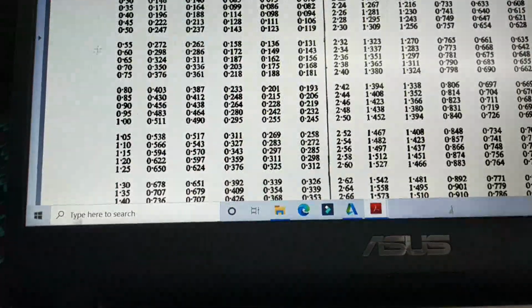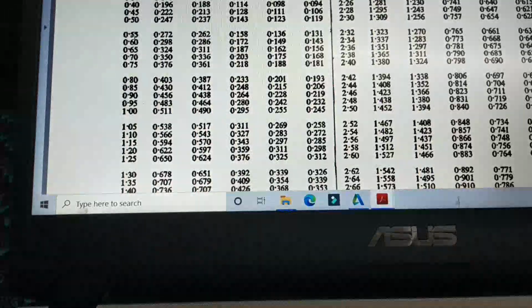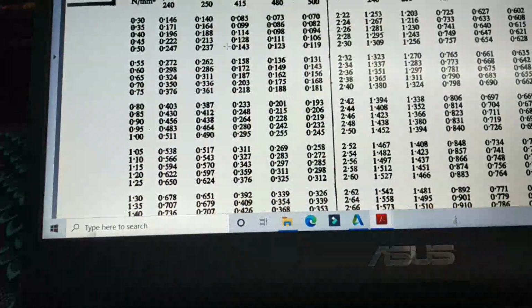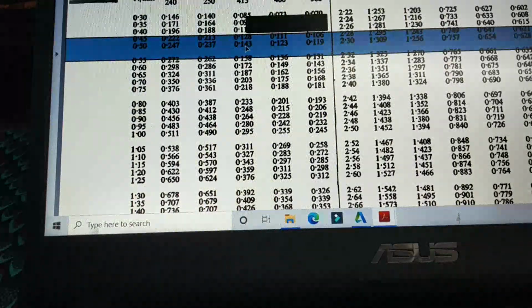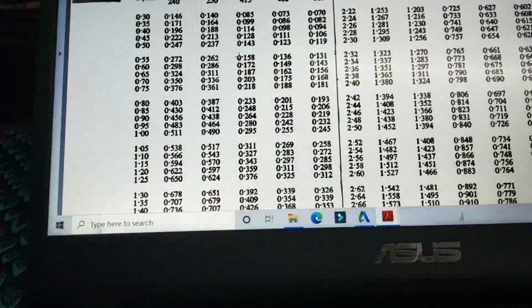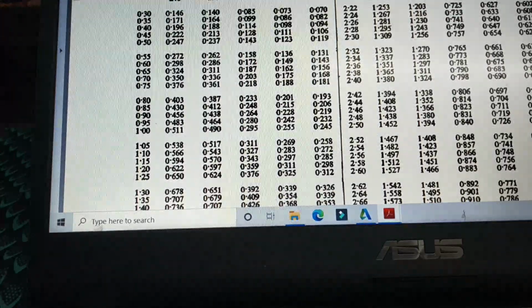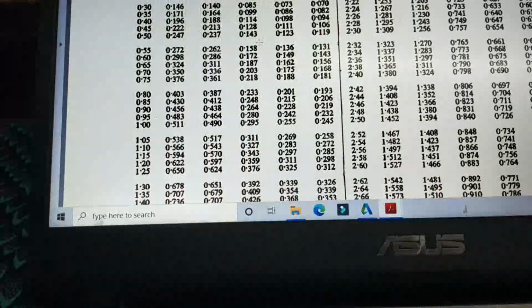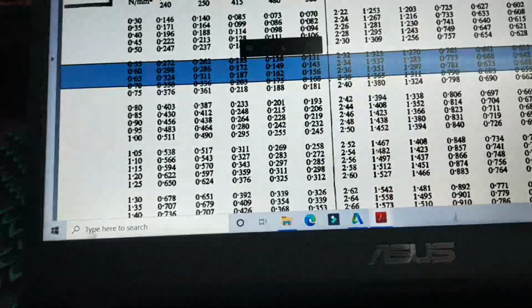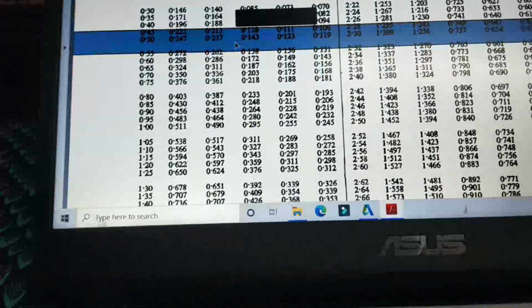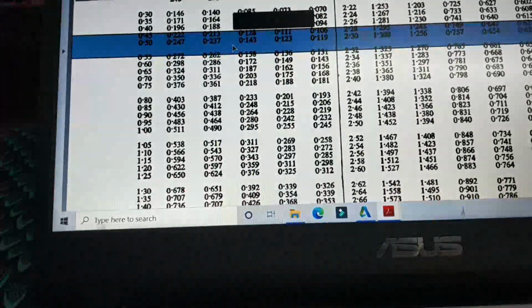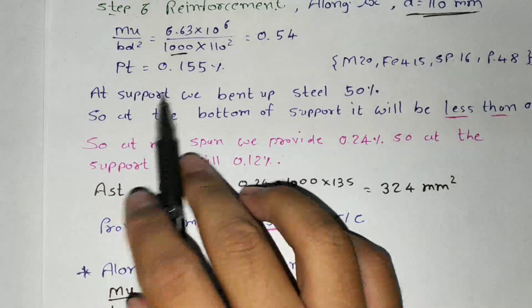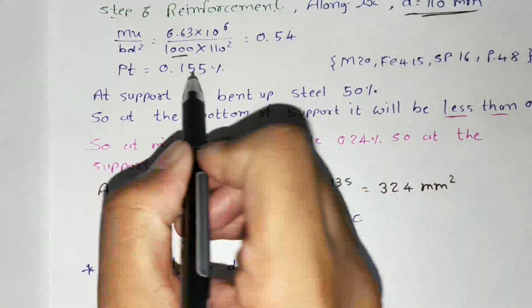Our value lies between 0.50 and 0.54, so our value is between 0.143 and 0.158. We have to calculate it using simple interpolation, and we get the value near about 0.155. So we get pt as 0.155.